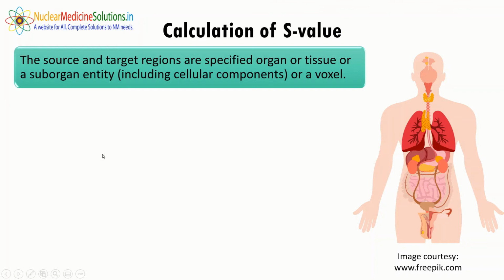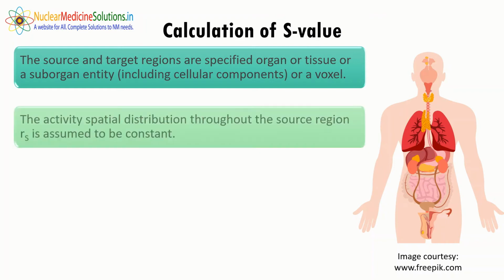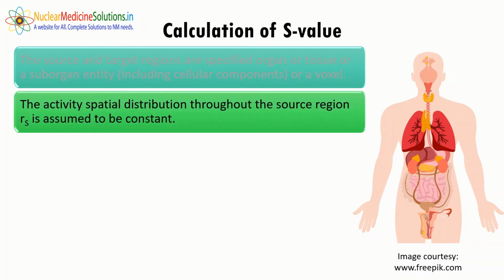The S value calculated for each organ means with respect to each organ, like lung to liver, liver to lung, liver to kidney, kidney to liver, with all these from one organ with respect to the other organ, or within the suborgan entity or a tissue or a cellular compartment, they have given all the source and target regions. This activity spatial distribution throughout the source region RS is assumed to be constant.